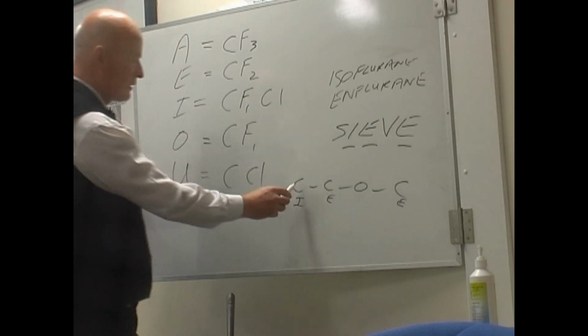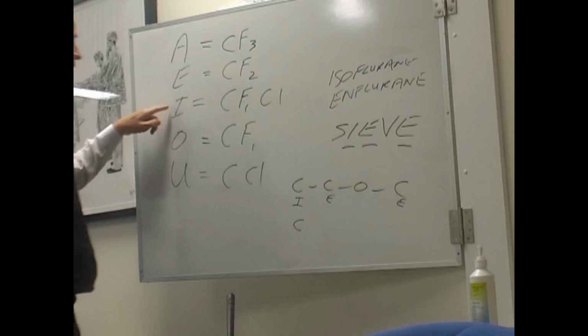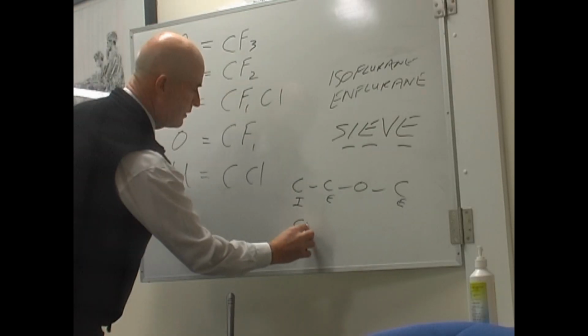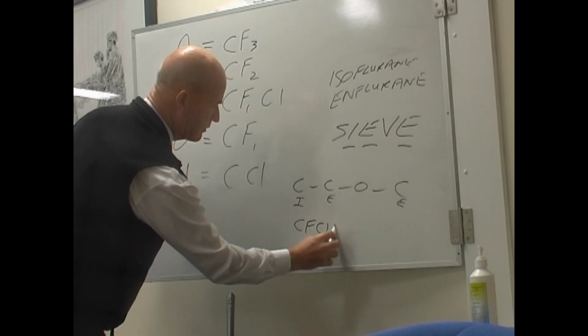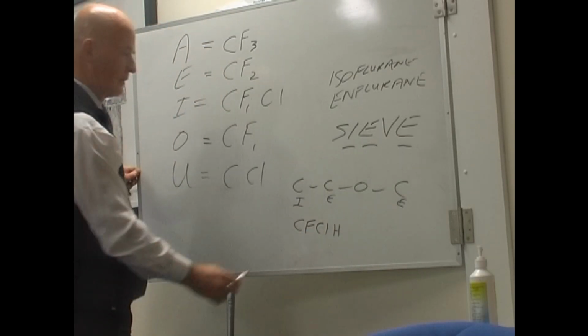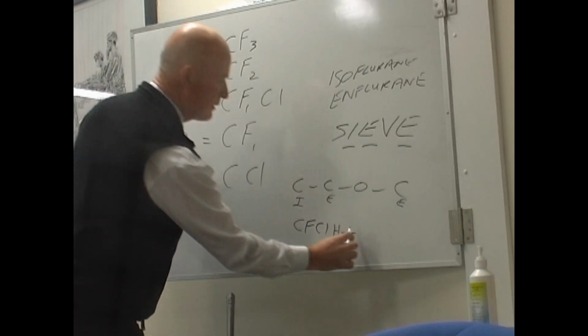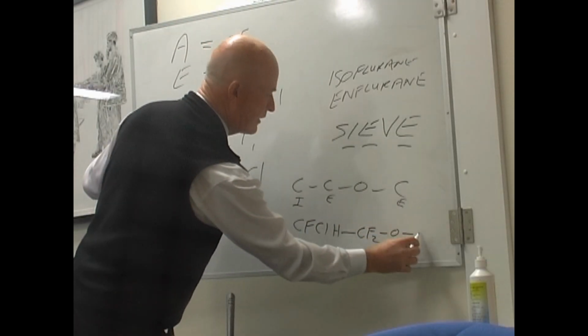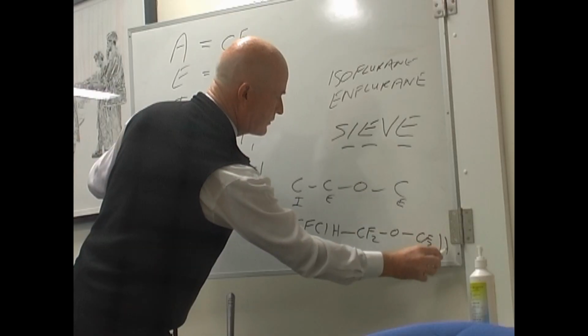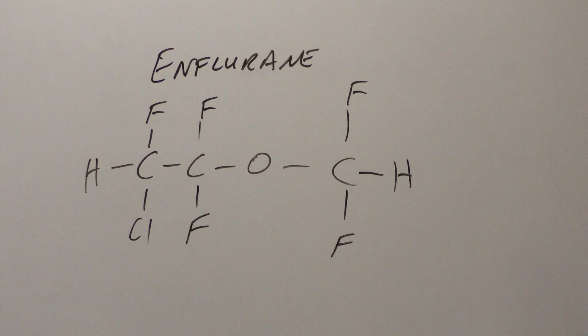So it becomes, now to be the I carbon, then it's got a fluoride, a chloride, and a hydrogen, 1, 2 and 3. And then a CF2 for the E, the oxygen, and then CF2 and a hydrogen to make up. So that then is the structure for enflurane.